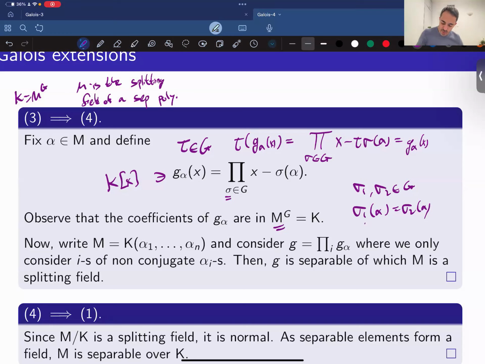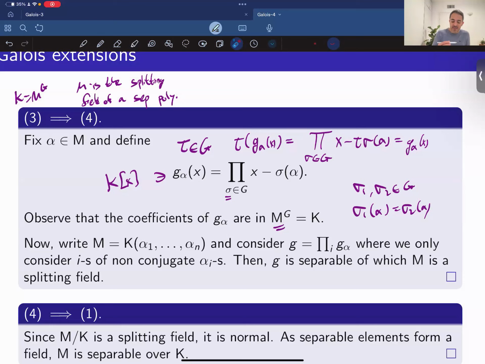So if, for example, sigma 1 of alpha equals sigma 2 of alpha, you just take sigma 1, you don't take both of them. You need to worry a little bit and show that even when you do that, the coefficients of the polynomial are in K.